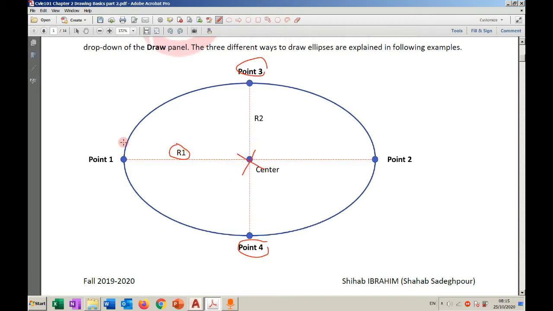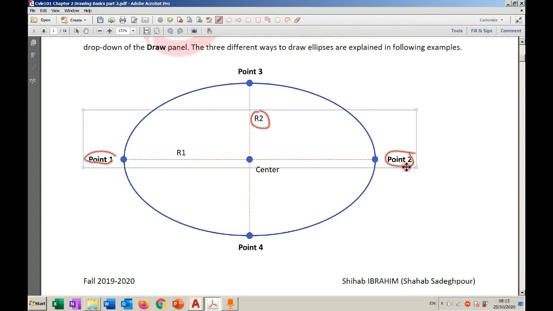We're just using the information on the axis endpoints and the half axis length. I can also draw an ellipse using those 2 points on the main axis and the distance on the secondary axis.